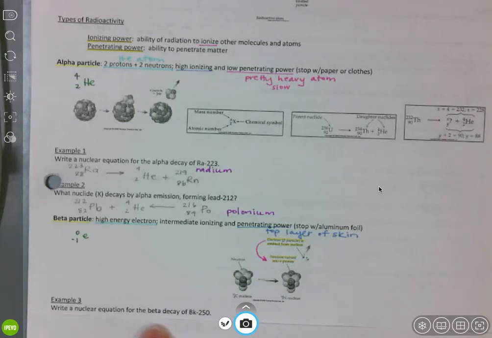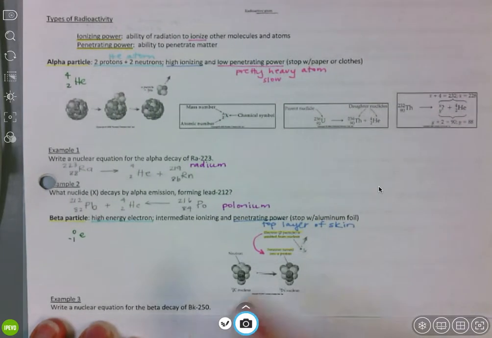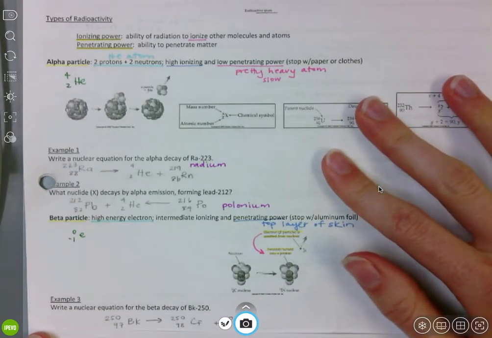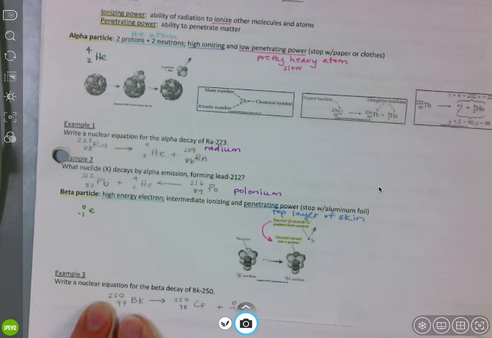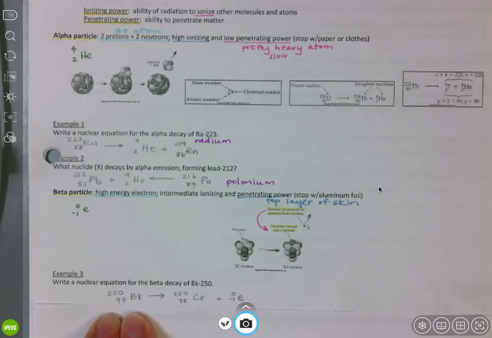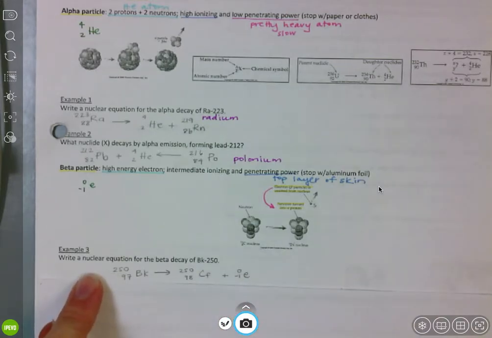All right, let's look at example number 3. Write the nuclear equation for the beta decay of berkelium-250. So berkelium is 250, its atomic number is 97. It is going to beta decay into a beta particle, so an electron, -1 charge, basically 0 mass. So we're not losing any mass really.